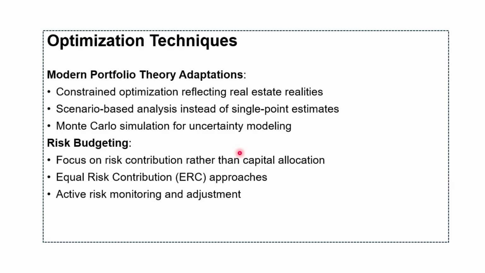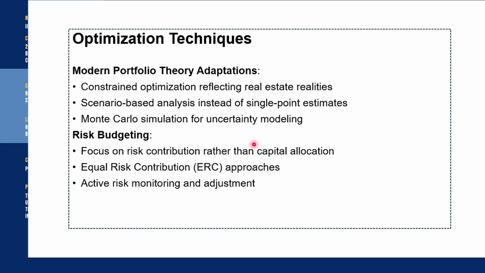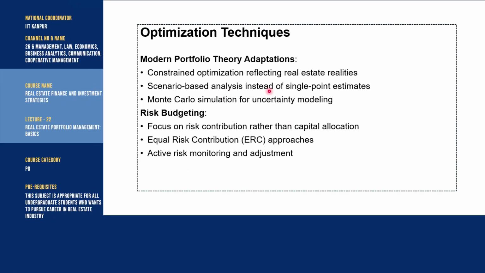Then optimization techniques. We have modern portfolio theory adaptation, which helps optimize a real estate portfolio despite the unique constraints we have discussed. Constraint optimization reflects real estate realities by incorporating minimum lot sizes, geographical constraints, and liquidity requirements into optimization models.